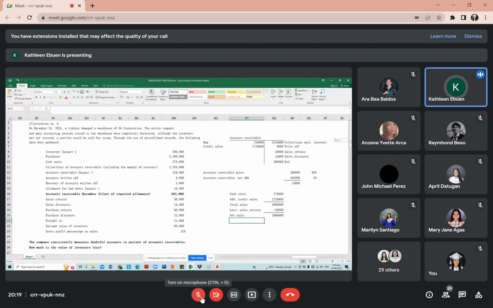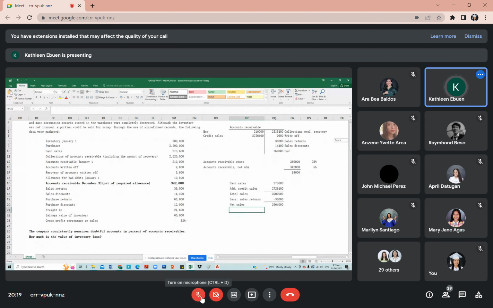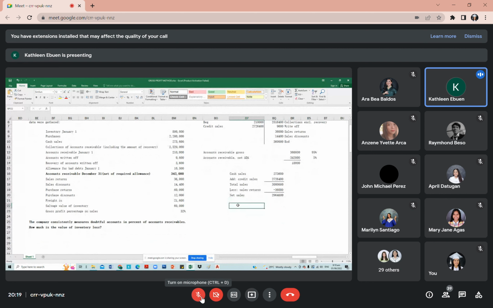Sana hindi tayo pahirapan ni Tigas. Okay. So, net sales less cost of goods sold is equals to gross profit. Net sales, we computed as 2,964,000. Ang cost of goods sold, hindi pa given, of course.